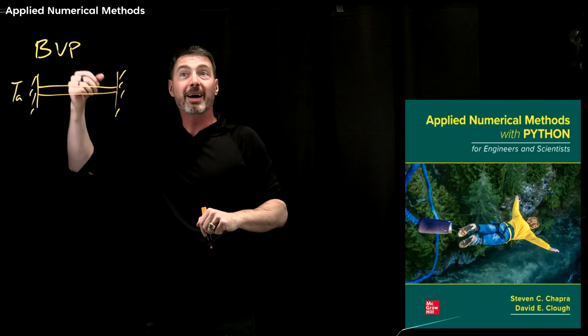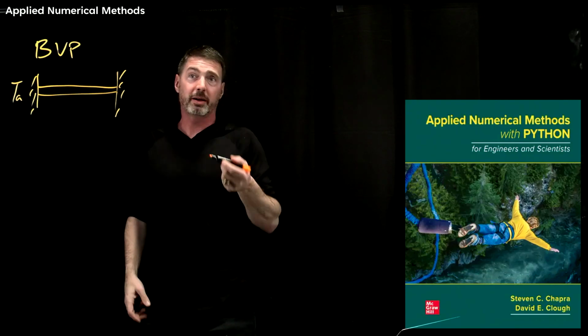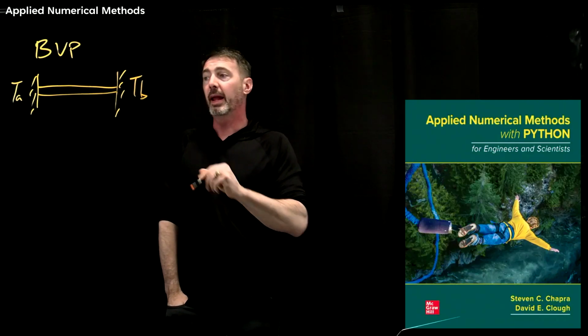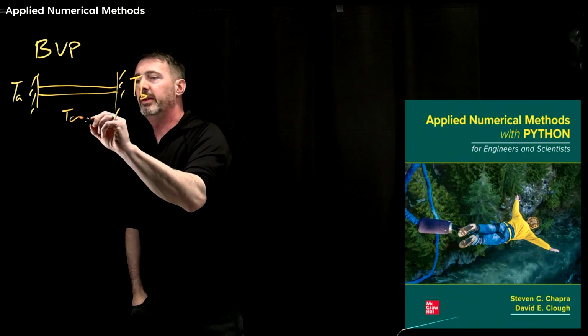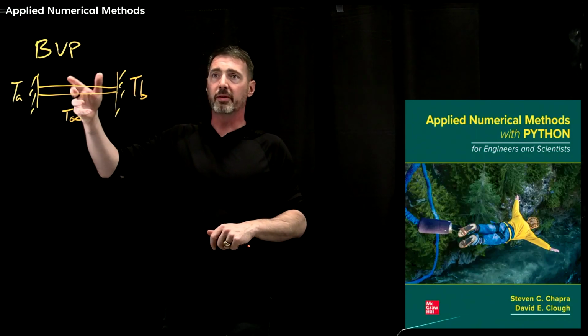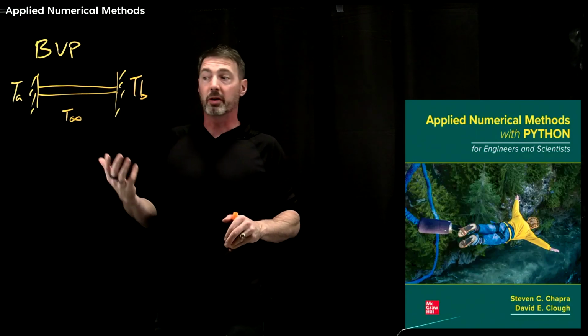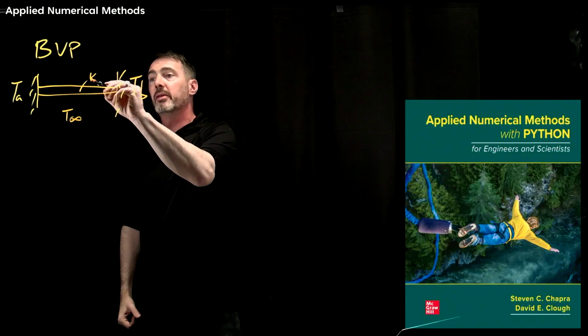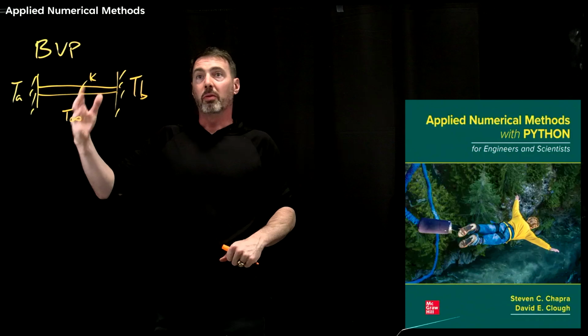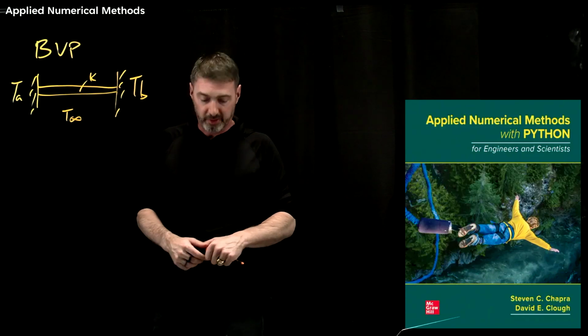It could be a water bath, it could be just a hot rock, whatever it is, and then on this side I have some other temperature. And in the heat transfer world we usually have T infinity, which is the ambient temperature. And so this is a rod. It'll have some thermal conductivity K, and the air could be blowing at a velocity. There's a kind of convection relation.